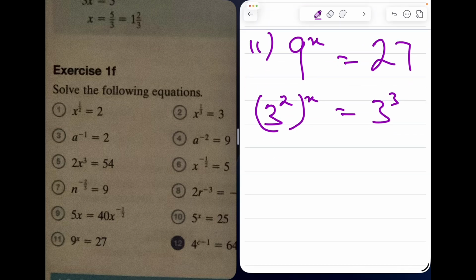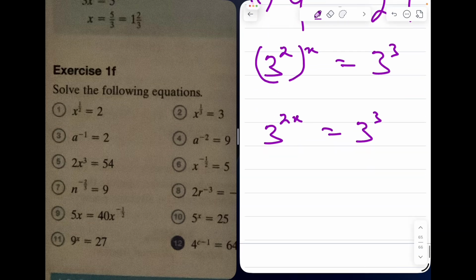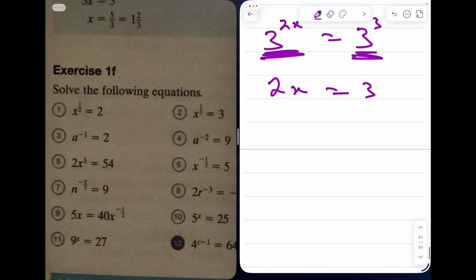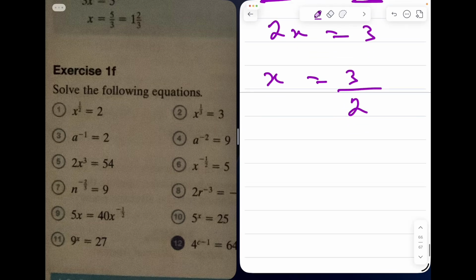And this is the same as saying 3 raised to the power 2x equals 3 raised to the power 3. We can see now that the bases are the same, which means we can equate the powers. And that therefore means 2x equals 3, which means x equals 3 over 2. And if you like, you can write it as 1 and 1 over 2.